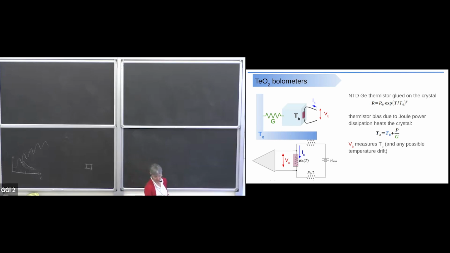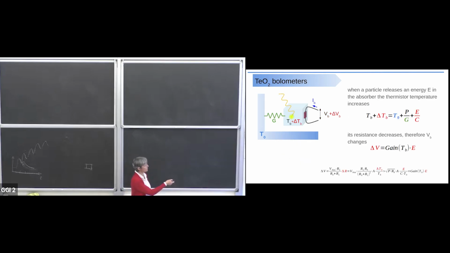Now assume that I have a particle that is depositing an energy in the crystal. It produces an increase in the temperature of the crystal, and therefore I see a change in the voltage across my thermistor.